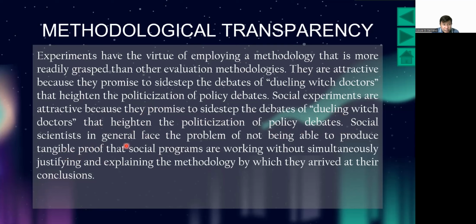Social scientists in general face the problem of not being able to produce tangible proof that social programs are working without simultaneously justifying and explaining the methodology by which they arrive at their conclusion. So, ang social scientists, ang kadalasang kinaharap nila ay problema ay paano ba nila mapapatunayan na ang social programs ay epektibo na di kailangan ng mga justification or pagpapaliwanag ng methodology na napili.